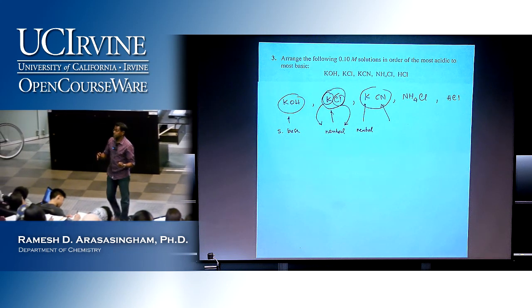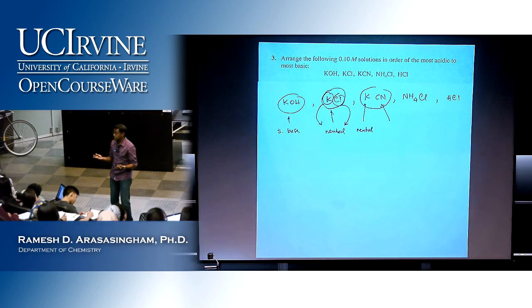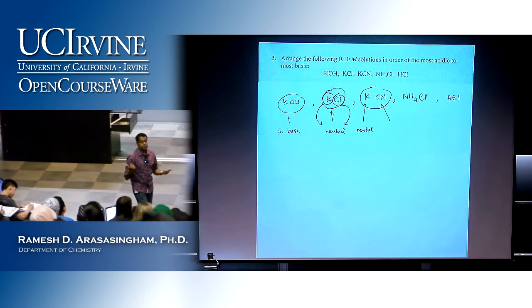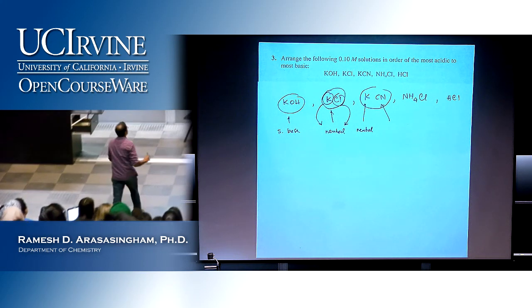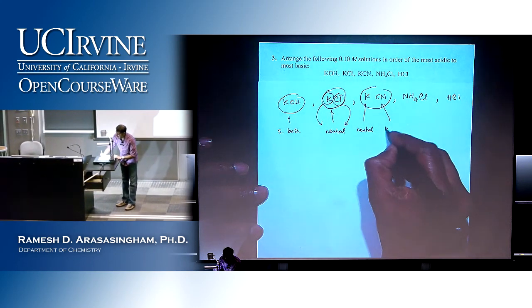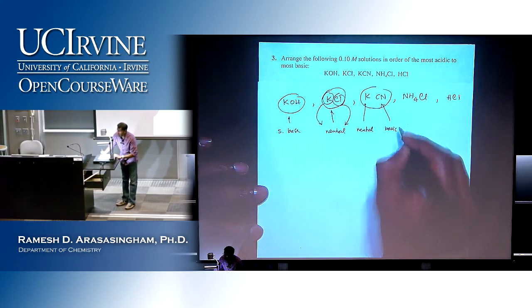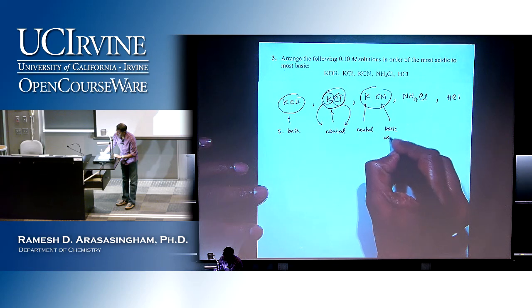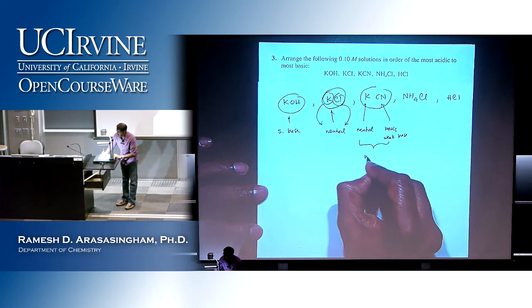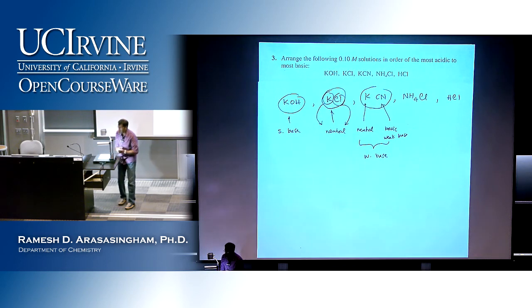So CN minus is the conjugate base of a weak acid. The conjugate base of a weak acid is what? Acidic or basic or neutral? Basic. So that means that this is basic. All right? But it's a weak base. All right? So if you combine these, what you end up with is a weak base.